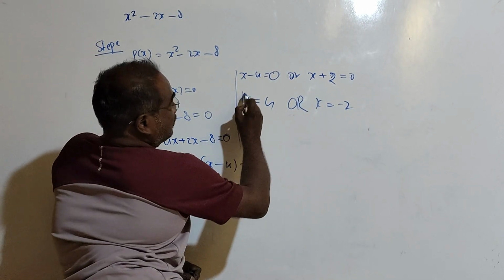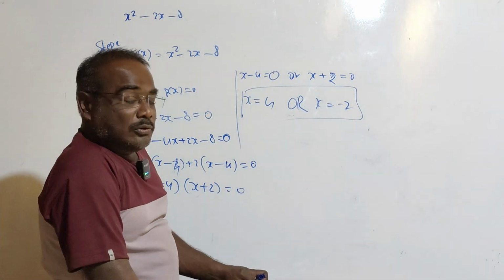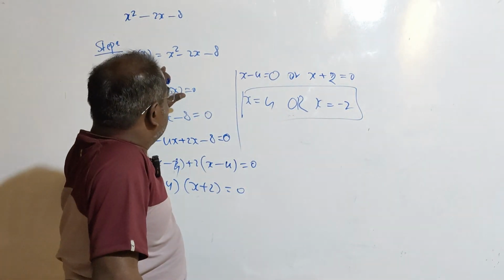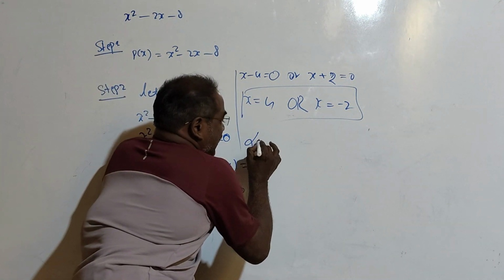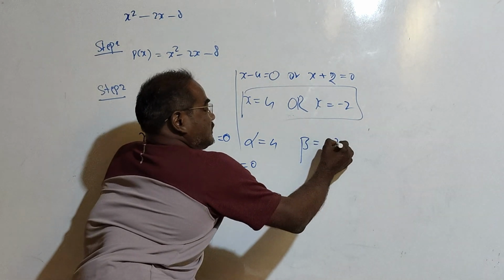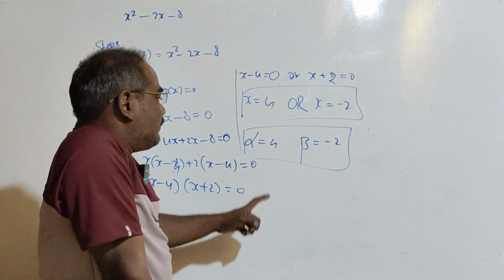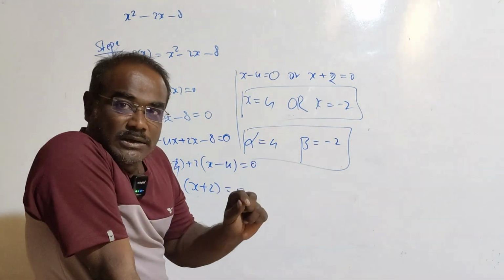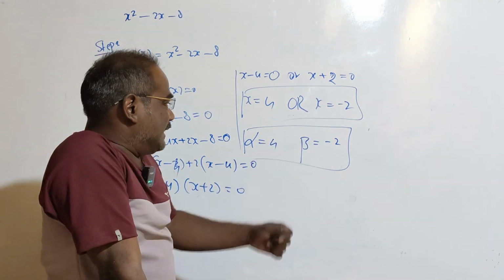These are the zeros of the given polynomial. The first one is alpha, that is 4. The second one is beta, that is minus 2. First zero is alpha, second zero is beta, third zero is gamma. It continues like that.